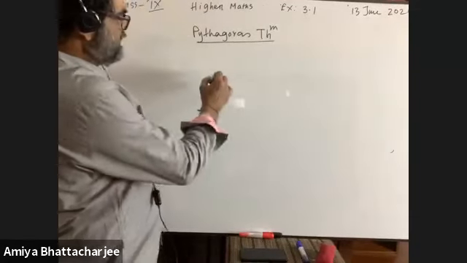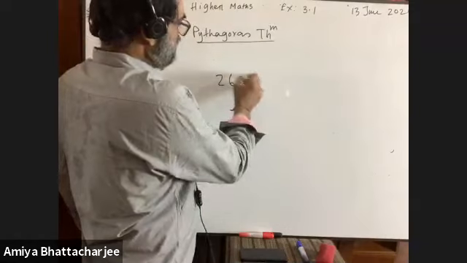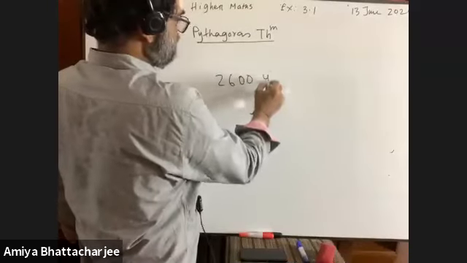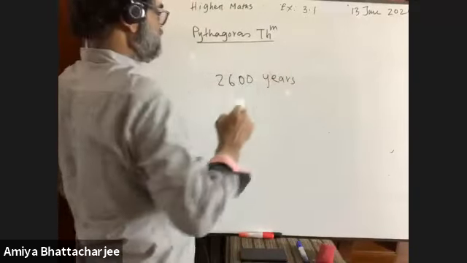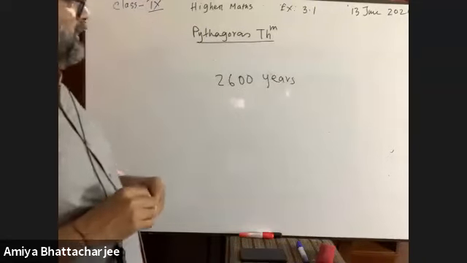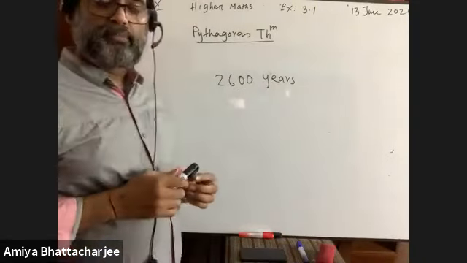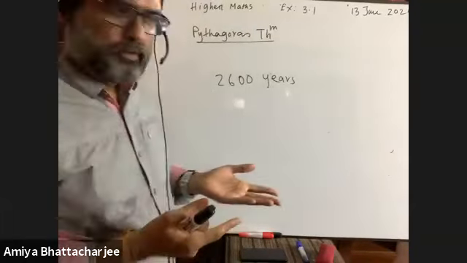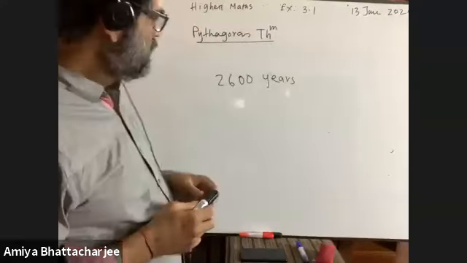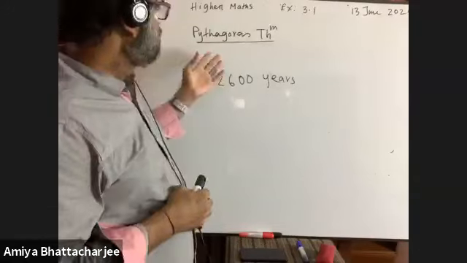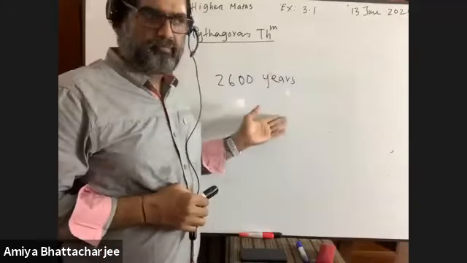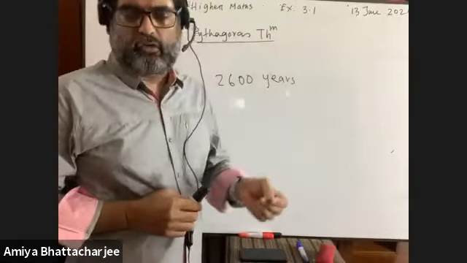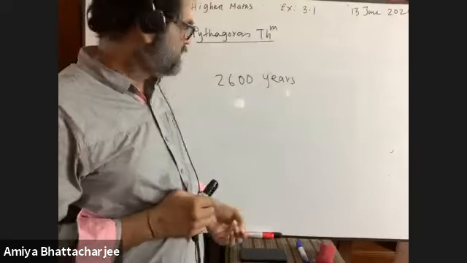About 2600 years back from now, Pythagoras, the Greek philosopher, worked on right angles and introduced this theorem to all. So upon his name, this theorem is called the theorem of Pythagoras.